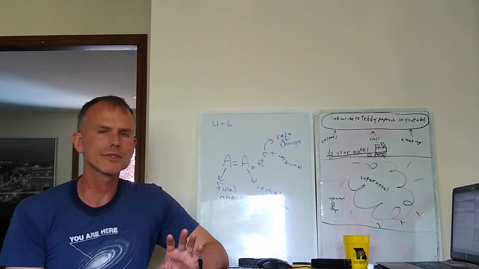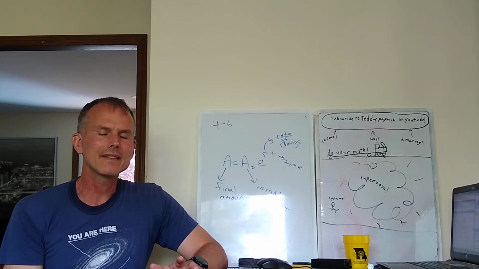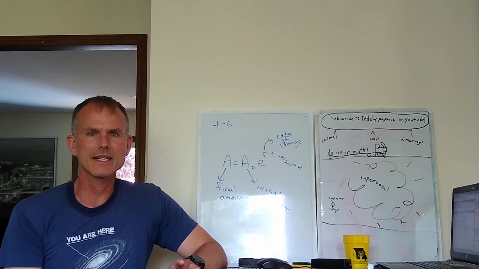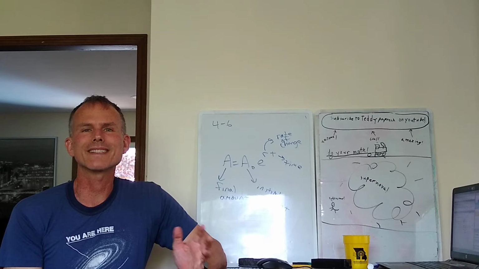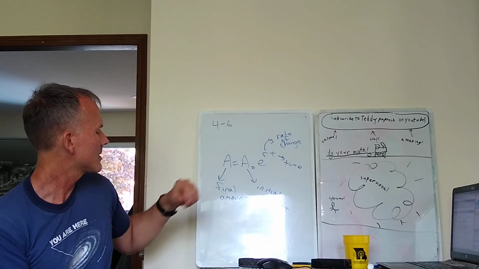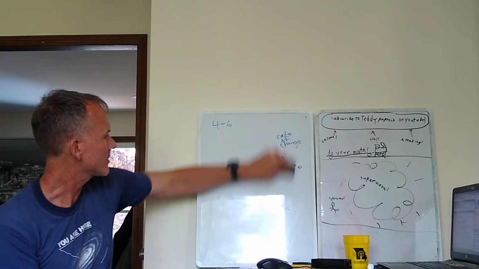We'll do some examples of each type, and at the end there are some problems from section 4-7. We don't do that as a separate lesson, but it has to do with different logarithmic scales that are used in the real world. So let's erase this and we'll get started.